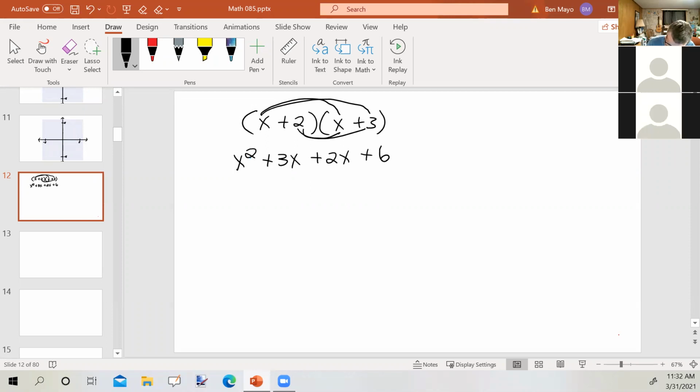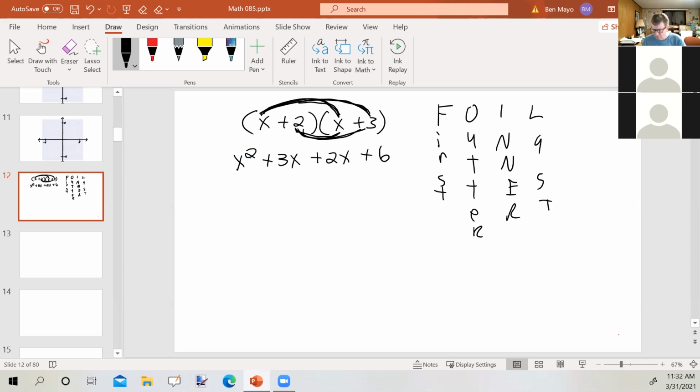Sometimes we refer to this as FOIL, F-O-I-L, as in first times first, and then outer, and then inner, and then last. So first, outer, inner, and last.